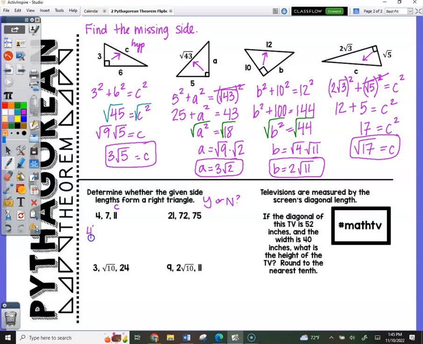We got 4 squared plus 7 squared equals 11 squared. Go to your calculator. 4 squared plus 7 squared is 65. Does 65 equal 121? No. Where did I get 121? 11 squared. Thank you. No, they do not equal, which means no, this is not the side lengths of a right triangle.